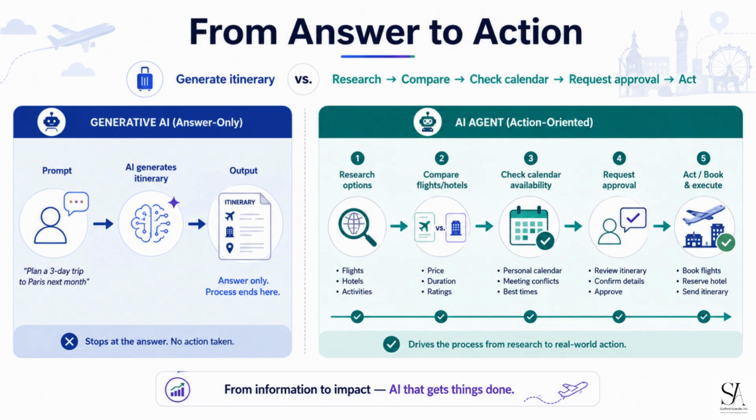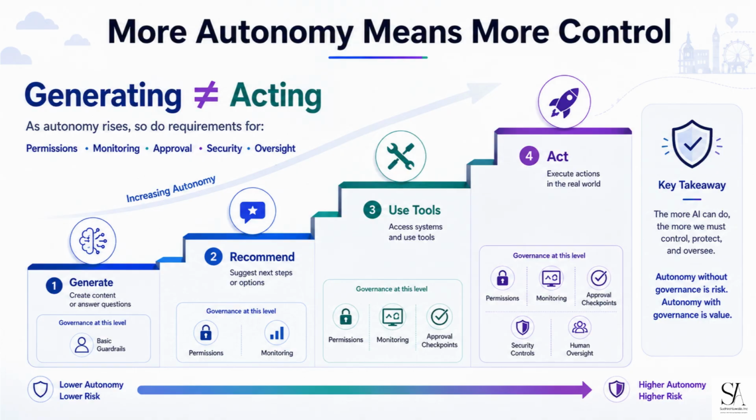This distinction between generation and action provides a useful point at which to bring together what we have learned throughout this video. We began with the relationship between foundation models and generative AI. A foundation model provides broad underlying intelligence that can support many different tasks. A generative model uses learned patterns to create new outputs, while generative capabilities describe what that model can do.